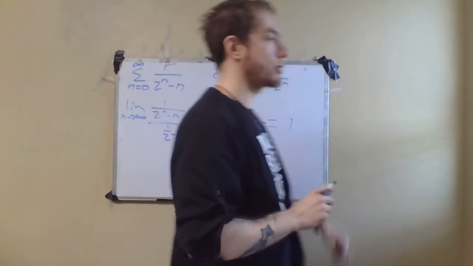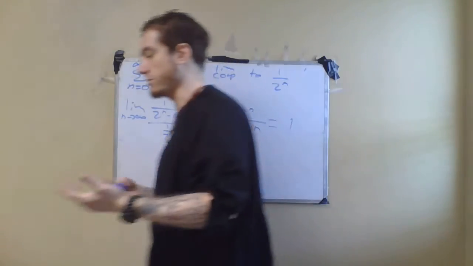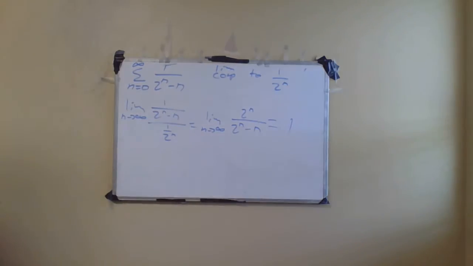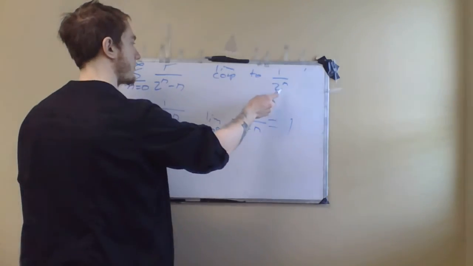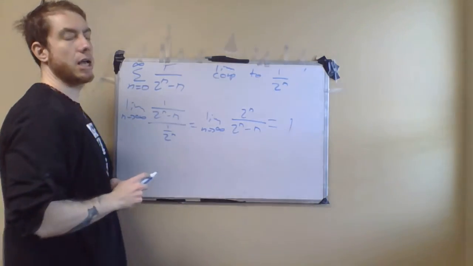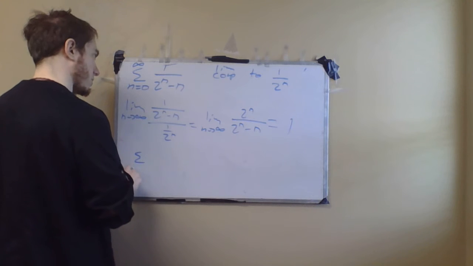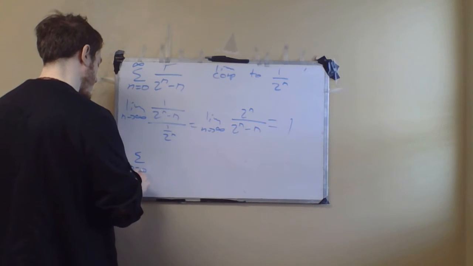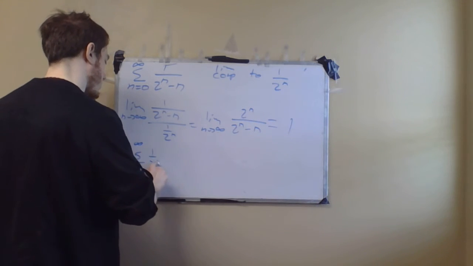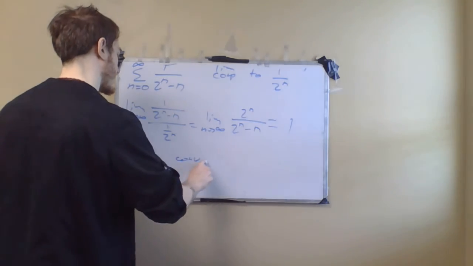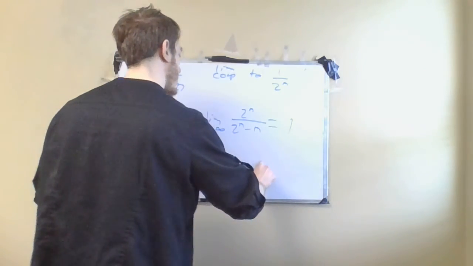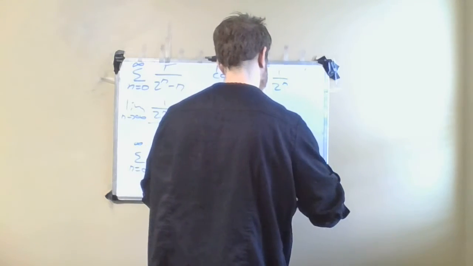Think of this as a function and do L'Hopital's rule, and you'll get that this comes out to be 1. Since this converges, our sum converges as well. So we know that the sum from n equals 0 to infinity of 1 over 2 to the n converges, so our sum does as well.